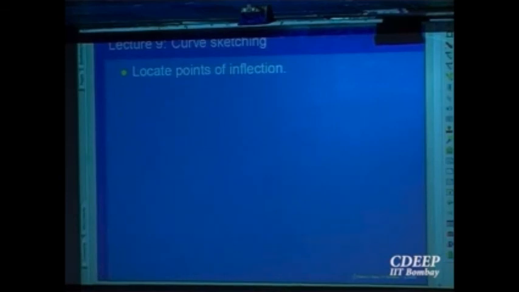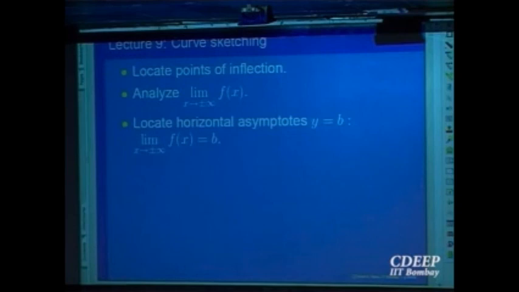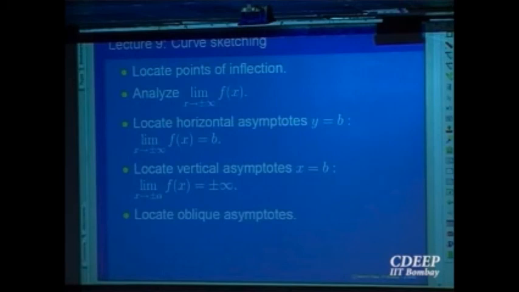Locate points of inflection, analyze the behavior of the function as x goes to plus infinity or minus infinity, what happens to f of x. So look at asymptotes, if at all, vertical asymptotes, locate oblique asymptotes, and all this data should go into plotting or drawing or sketching the graph of the function, right?